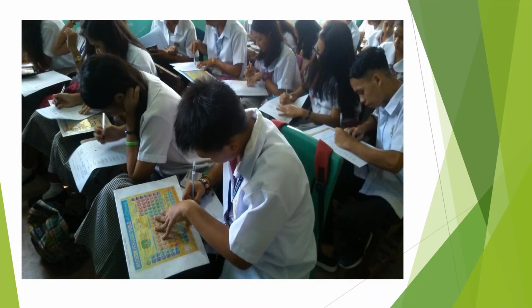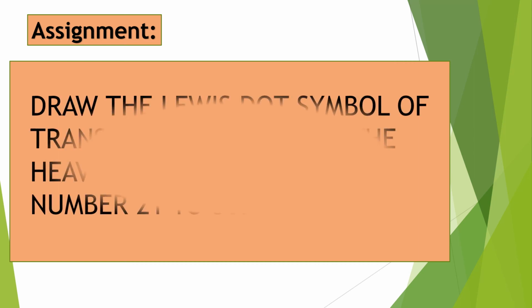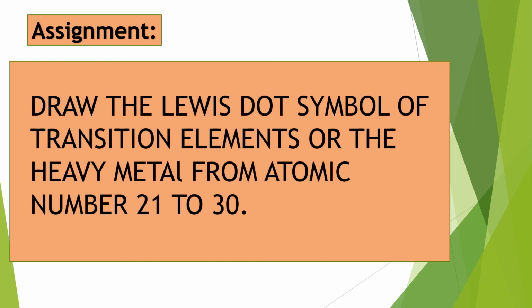Students are busy doing their task. For the assignment, draw the Lewis dot symbol of transition elements or the heavy metals from atomic number 21 to 30.